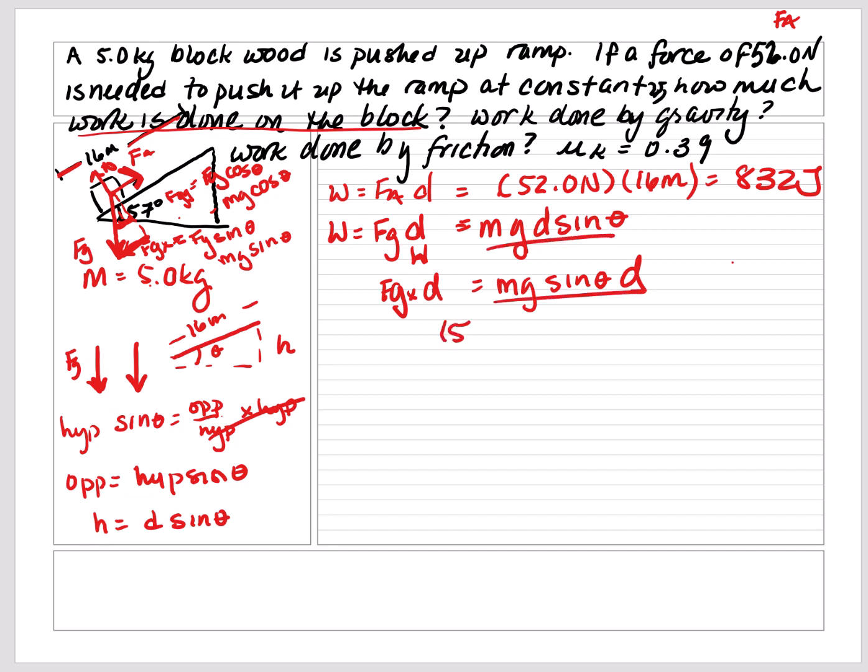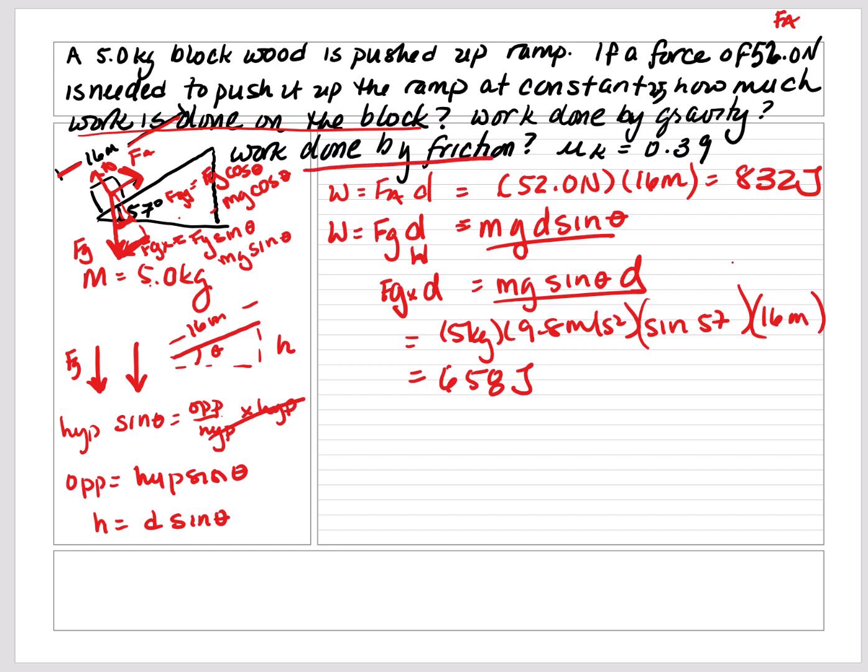So this is going to be 5 kilograms times 9.8 meters per second squared times sine 57 times 16 meters. You should get 658 joules.